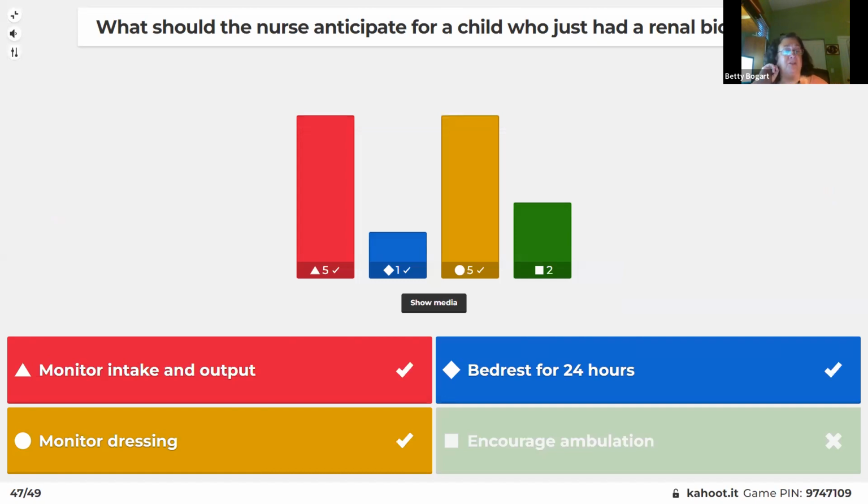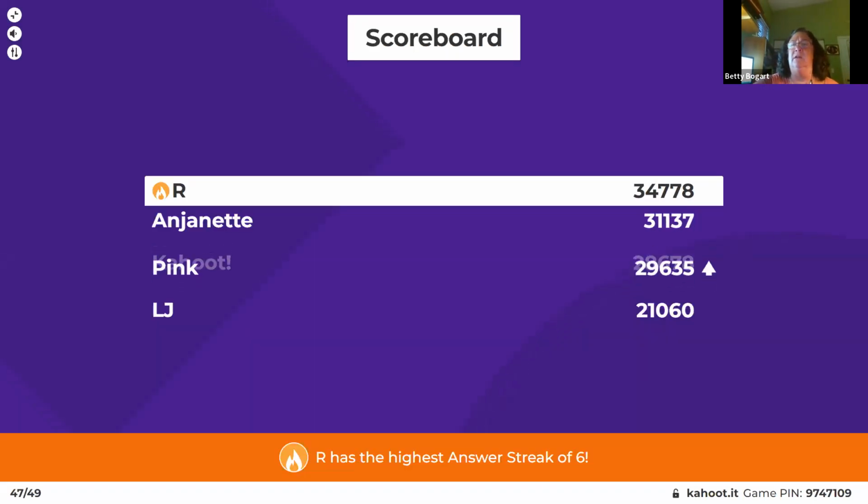So we are going to monitor intake and output because we've touched the kidney. We want to check the dressing to make sure it's not leaking. And this child will be on bed rest for 24 hours. Absolutely not out of bed, just like cardiac cath. We don't want that clot to rupture and then cause urine draining into the belly or onto the bed.